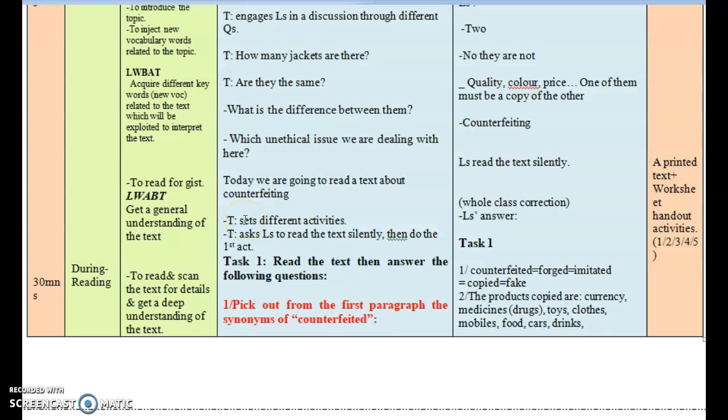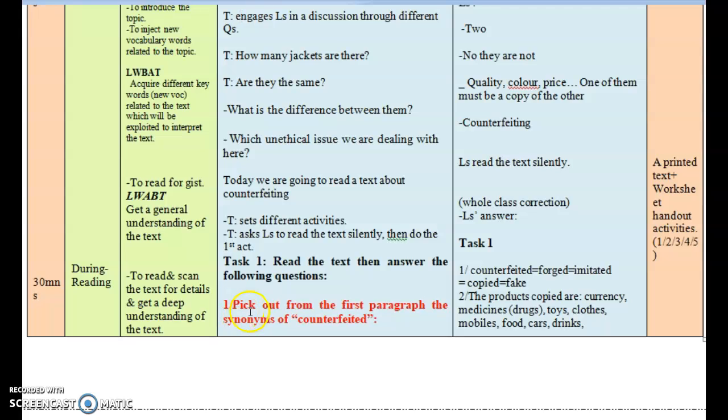The teacher sets different activities and asks learners to read the text silently, then do the first activity. Here, learners are asked to read and scan the text for details and get a deep understanding of the text. The task is: read the text and answer the following questions.